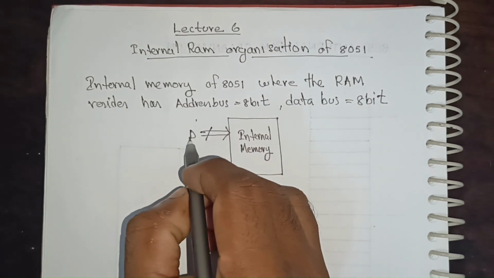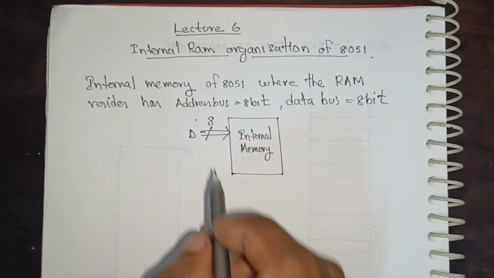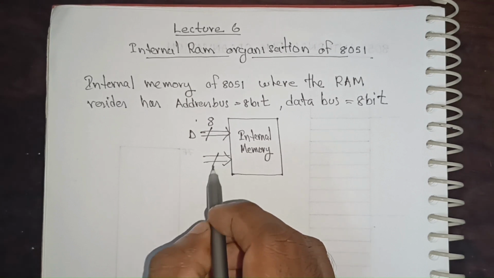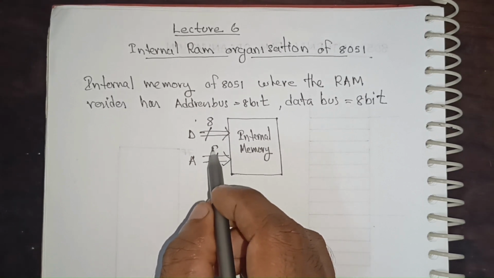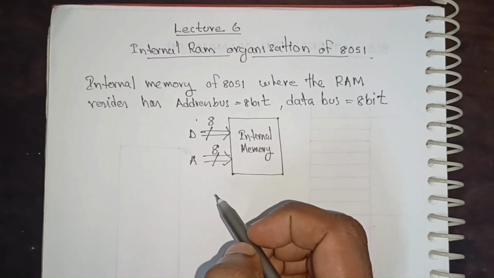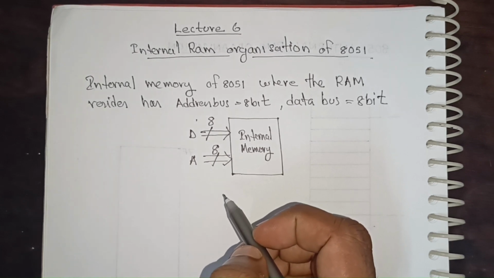This is the data bus which is 8-bit wide. Then we have the address bus which is also 8-bit wide, which means that each location can store 8-bit of data or 1 byte of data.